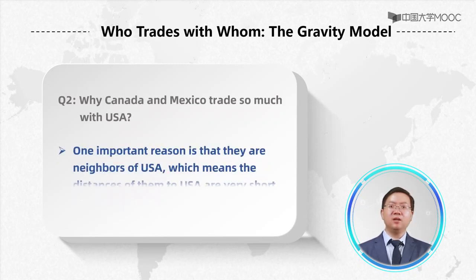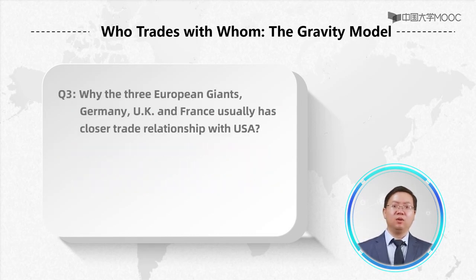One important reason for this is that they are neighbors of the USA, which means their distances to the USA are quite short, so the transportation costs are very low. The third question, why do the 3 European giants, Germany, the UK, and France, usually have a closer trade relationship with the USA?